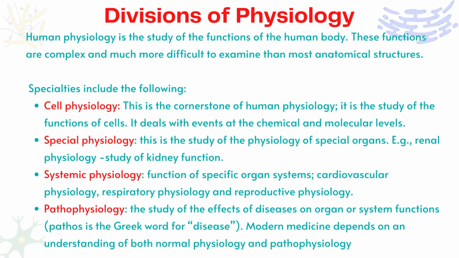Pathophysiology focuses on the study of the effects of diseases on organ or organ system functions. Okay, so pathos is basically a Greek word meaning disease. So modern medicine usually depends on understanding both the normal physiology and also the pathophysiology. Now, those are divisions of physiology.